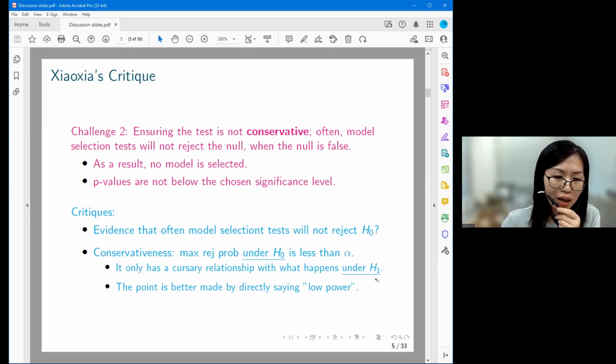So that's what power is about. So that doesn't have a direct connection with conservativeness. So I would suggest that you could make this point better by directly saying that your test has better power. It's a challenge to design tests with good power. That would be my suggestion.